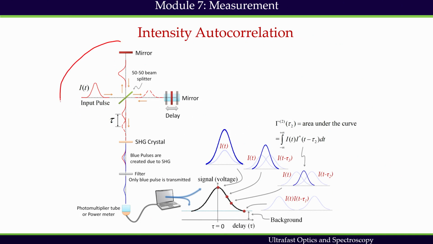This is a configuration of Michelson interferometer where we have two mirrors and one beam splitter. So, input beam is split into two identical pulses. This input pulse is split into two identical pulses, 1 and 2, with the help of 50-50 beam splitter.